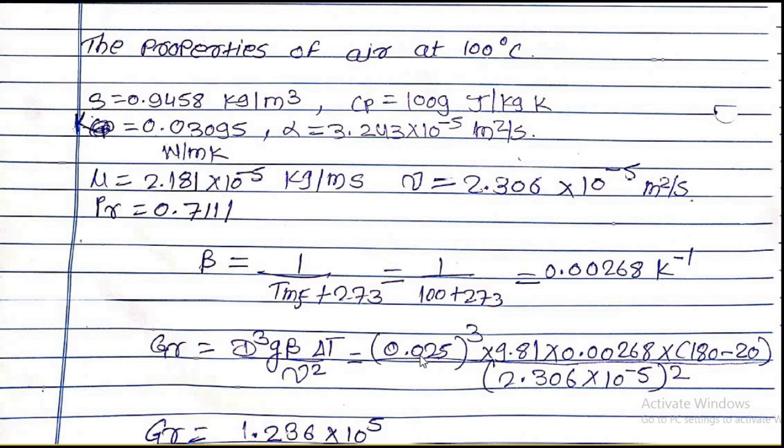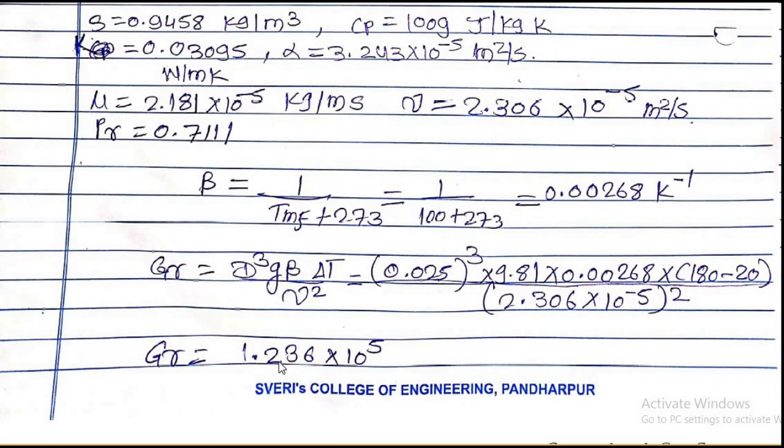So the diameter of the tube is 0.025 raised to 3, multiplied by 9.81, multiplied by the coefficient of volumetric expansion 0.00268, multiplied by the temperature difference between the surface of the tube and the fluid, 180 minus 20, divided by 2.306 multiplied by 10 raised to minus 5 square. Okay, so we'll get the Grashof's number as 1.236 multiplied by 10 raised to 5.